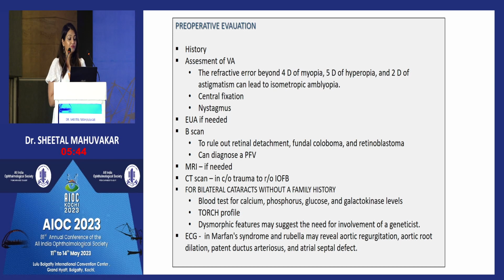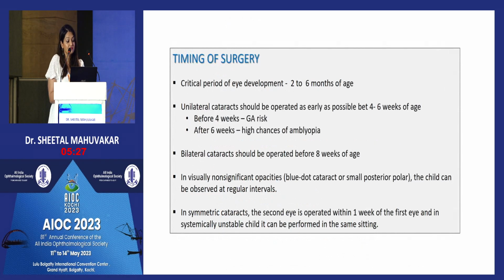Do a proper thorough examination under anesthesia, do a B scan to rule out retinal pathologies, and an MRI or CT scan if required. Also do blood tests if you are suspecting metabolic causes, or TORCH levels if you are suspecting infections.